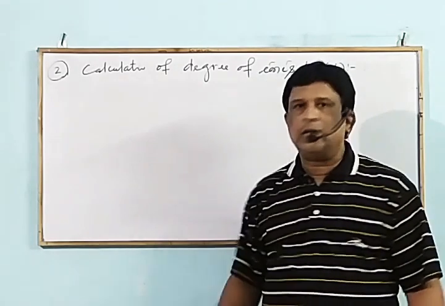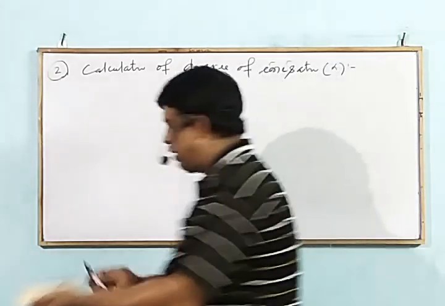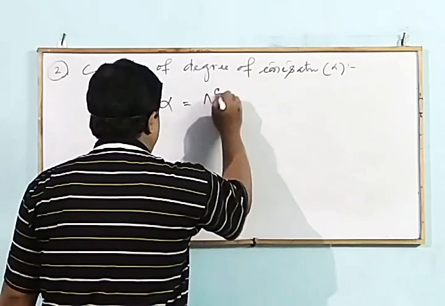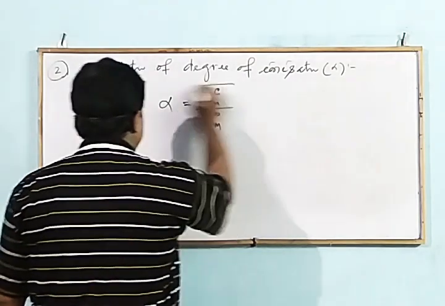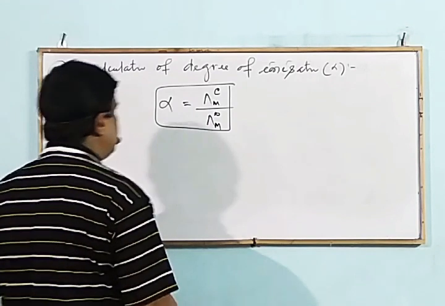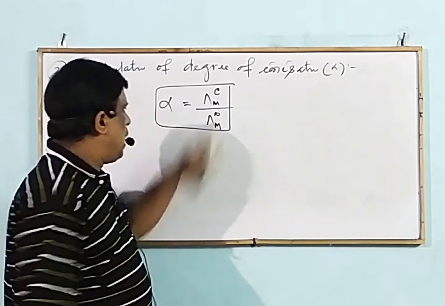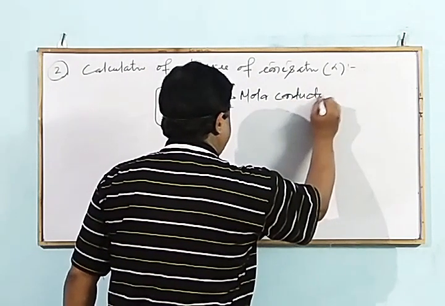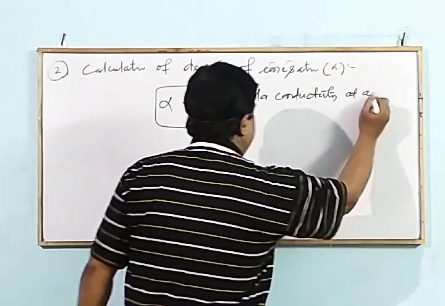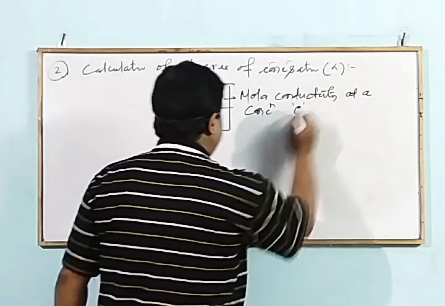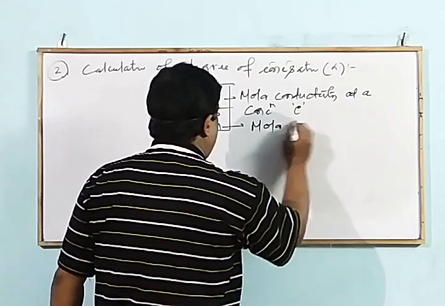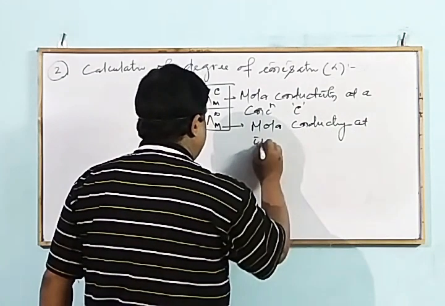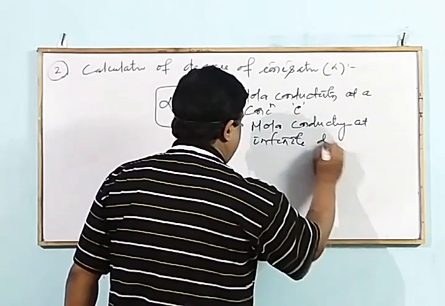So how do you calculate this one? One mathematical expression is there. That is alpha is equal to molar conductivity at a particular concentration by molar conductivity at infinite dilution. Mark that. This term is known as molar conductivity at a concentration C, and this term is known as molar conductivity at infinite dilution.